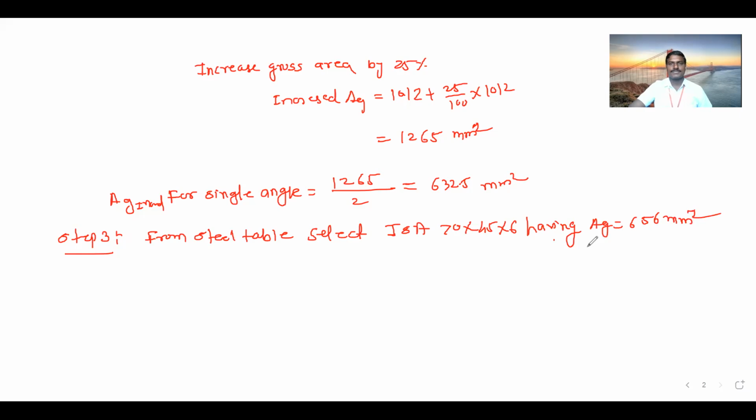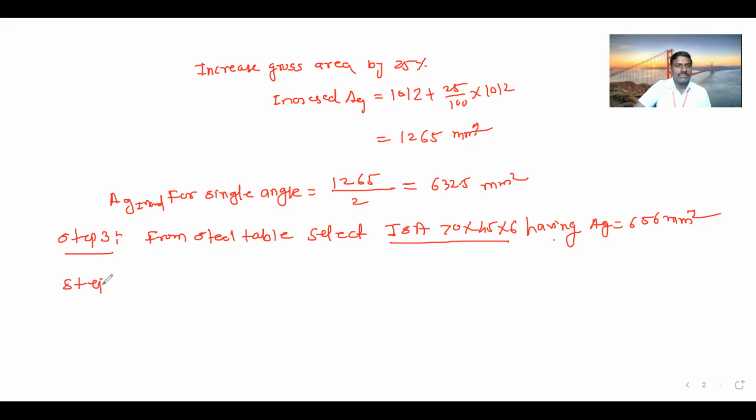Got it? Okay, and see this is the single angle, correct? Henceforth, wherever area will be required, there we will multiply by 2. Are you getting that? We will see.